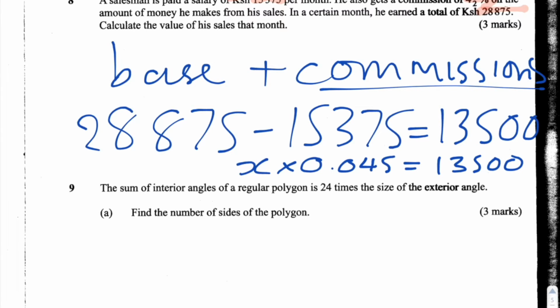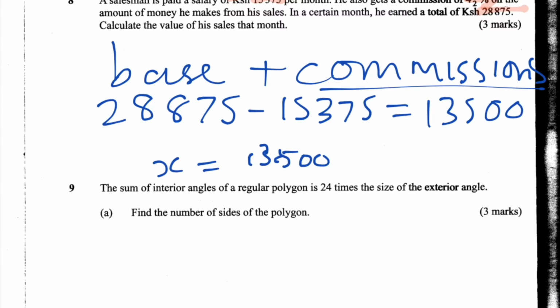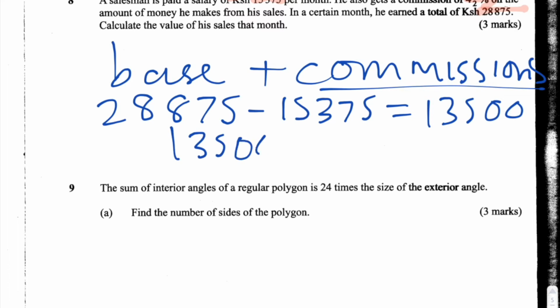So to find out what X is, the total value of the sales, we need to divide 13,500 by 0.045, which is the 4.5%. And the answer we get for that is 300,000.